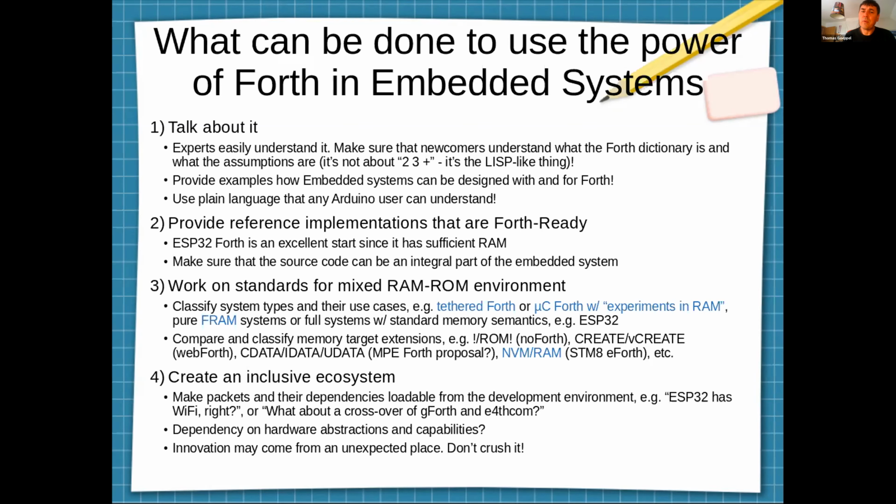Then provide a reference implementation that is Forth ready. The ESP32 is very good because it already has sufficient RAM to do things the Forth way. But make sure that the source code can be an integral part of the embedded system. I've seen examples of that. It's very promising.